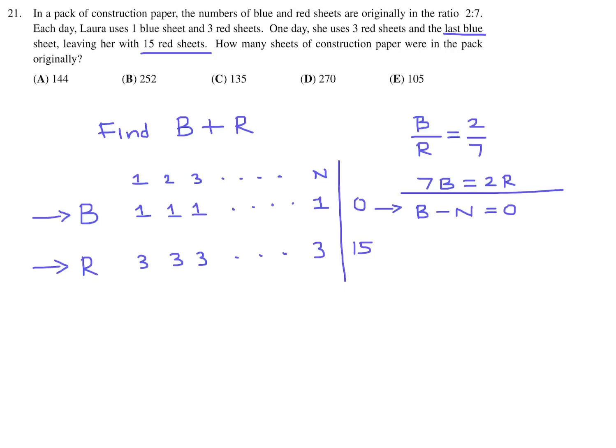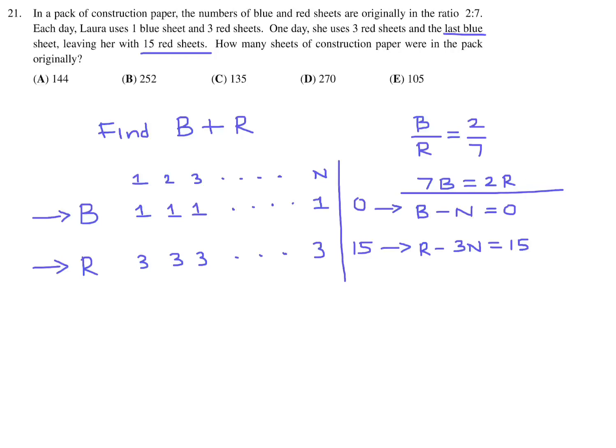And then very similarly, for the second one, it would be R minus 3N is equal to 15. So those are our 2 equations. Now you say, well, I've got B, N, R, I've got 3 variables, I've got 2 equations. Is there any way I can narrow it down to 2 variables? And the answer is definitely, because they gave you that clue.